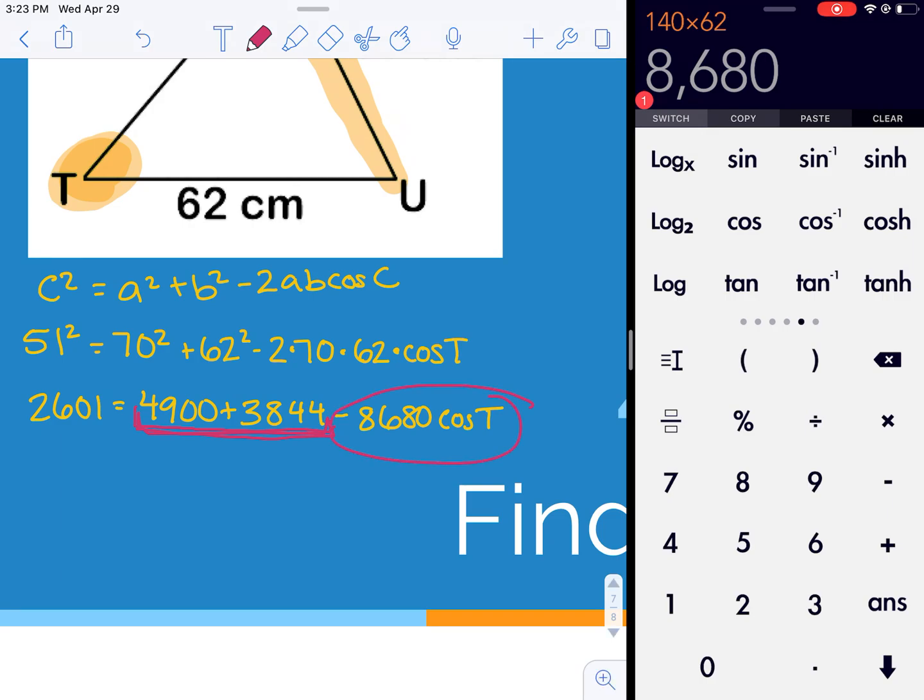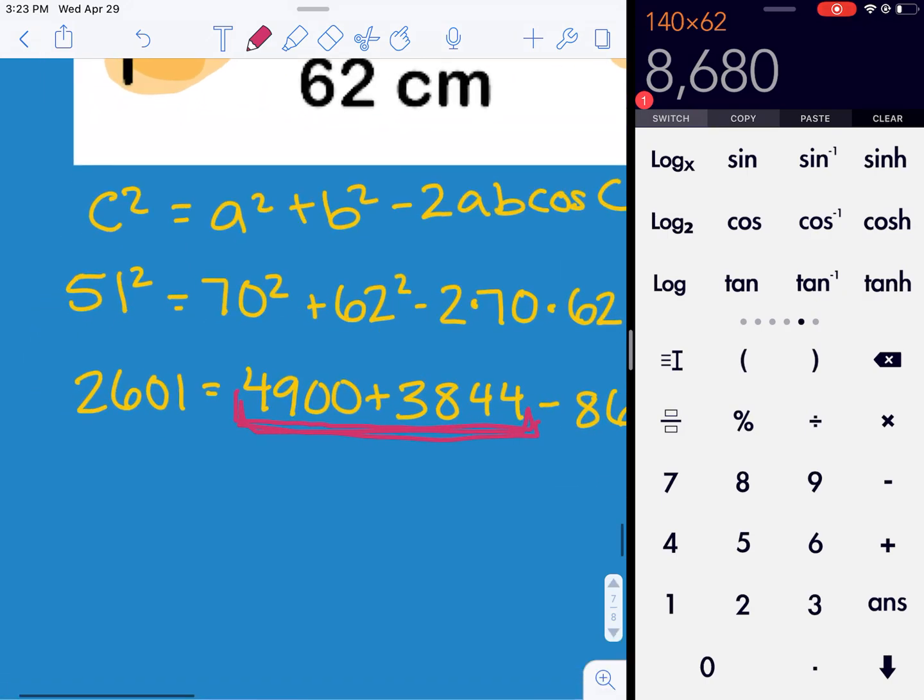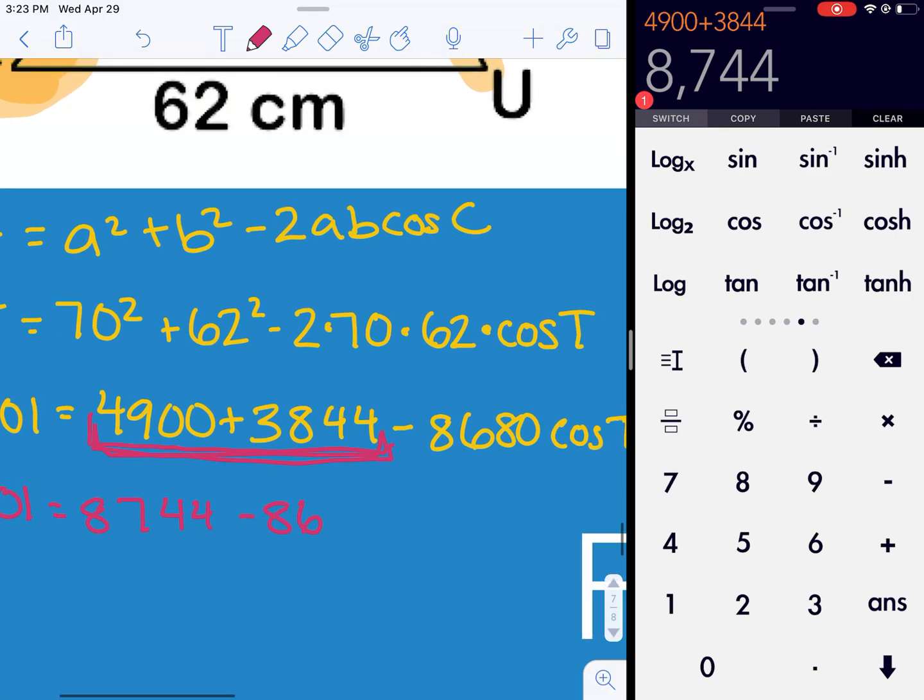This piece has a variable attached, so it's not like the other two. So my next line will look like 2,601 equals 4,900 plus 3,844, 8,744 minus 8,680 cosine of T.